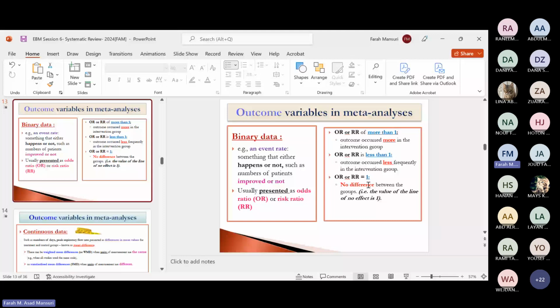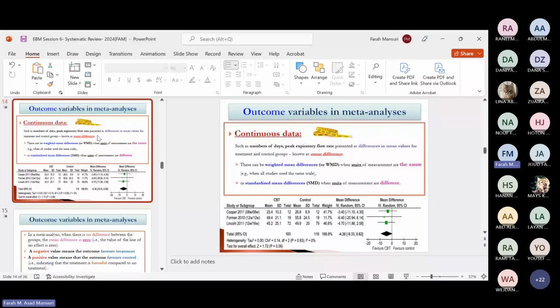And if it is 1, that means there is no difference between the two groups, that is the control group and the intervention group. Intervention group is the one which is given the experimental drug or treatment. So this was about binary data.